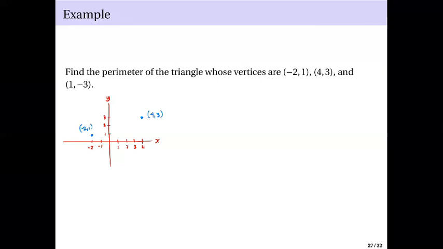And then the other vertex, you have (1, -3). So we already have 1 for the x. Let's just write negative 3 for the y. So this is negative 1, negative 2, negative 3, and therefore you have this point. So this is the point (1, -3). Okay?